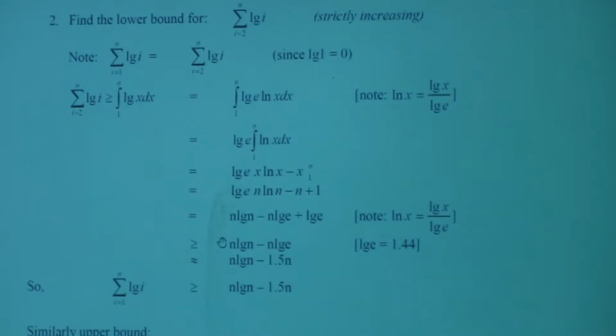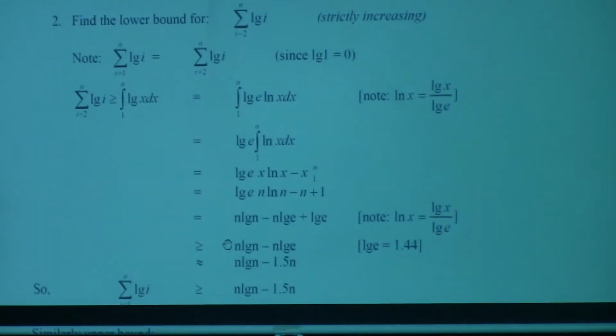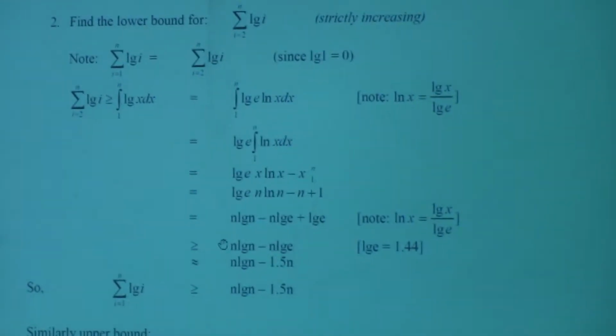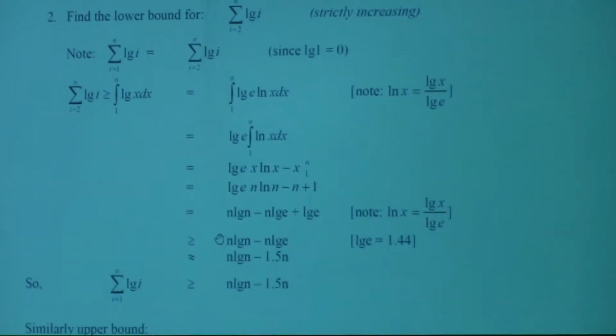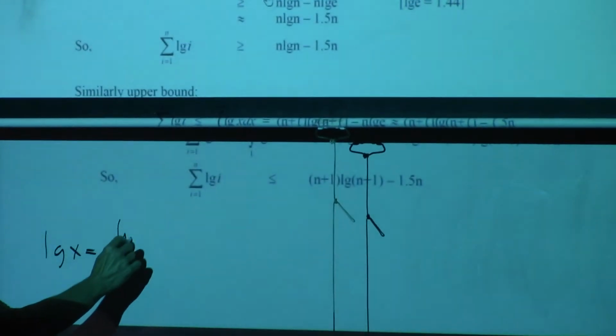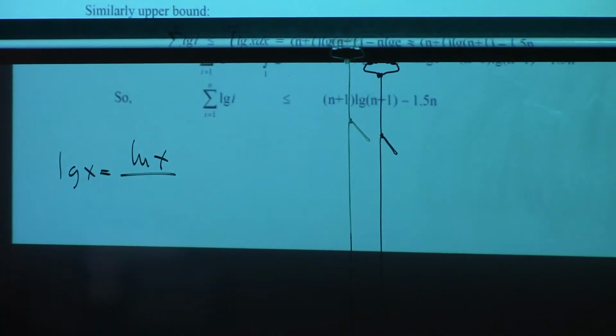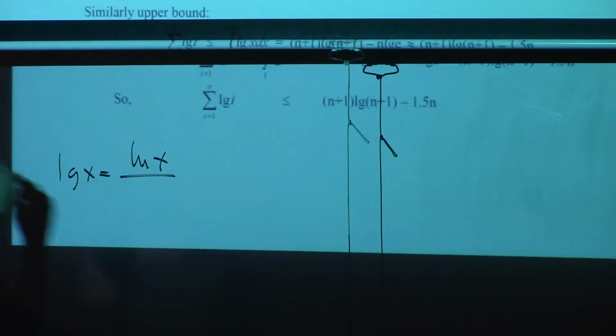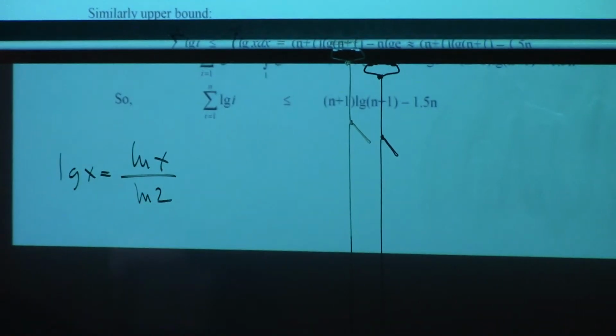Now, this is the tricky thing. The integral of lg x, I didn't give you. I don't have to give it to you because you know that you can change the base of lg x. So lg x is equal to natural log of x divided by natural log of 2.